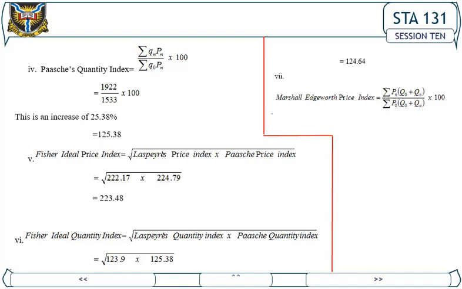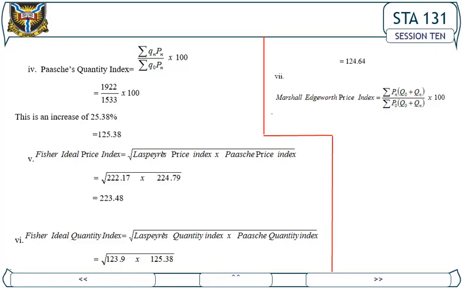This is an increase of 25.38%. 5. Fisher's ideal price index is equal to the square root of Laspeyres price index times Paasche price index, which is equal to 223.48. 6. Fisher's ideal quantity index is equal to the square root of Laspeyres quantity index times Paasche quantity index, which is equal to 124.64.